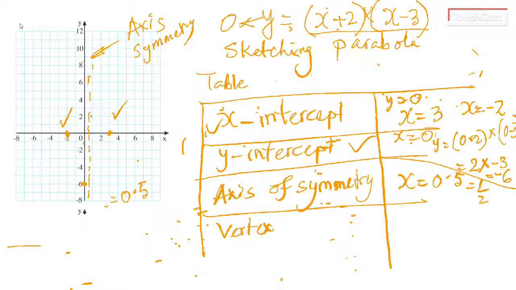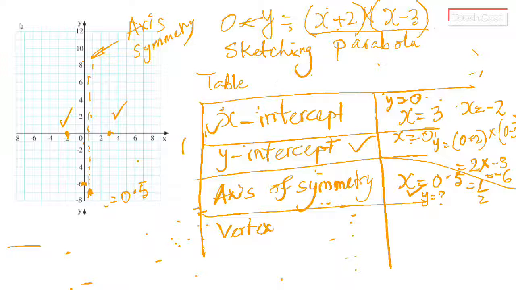That means the graph will be equally distributed on both sides of this line. And one of the things we know, the vertex will be sitting somewhere over there. Now we've got to do a bit of algebra to find the vertex, because we've got the x value, we've got to work out the y value at that point. What is the y value at that point? That's what we need to work out.